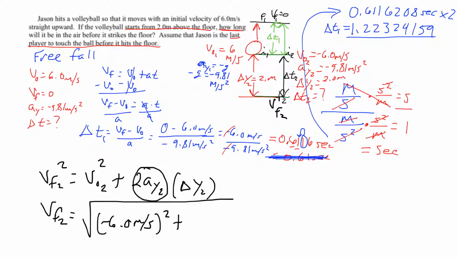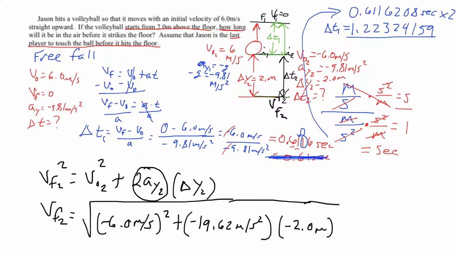The acceleration due to gravity is negative 9.81, and 2 times that is 19.62. And then our displacement is going to be negative 2 meters. It's negative 2 meters because the ball is traveling downward, it's falling. So remember, displacement has direction.